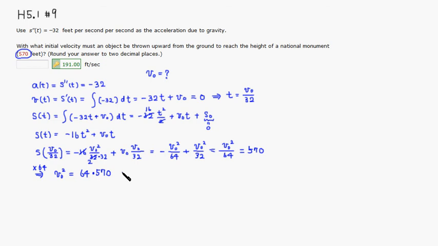Then we can just take the square root of both sides. So v0 is equal to, we could put plus or minus if you want, but since we're talking about the velocity upward, I'll just take the positive one, the square root of 64 times 570. Let's pull out the calculator.